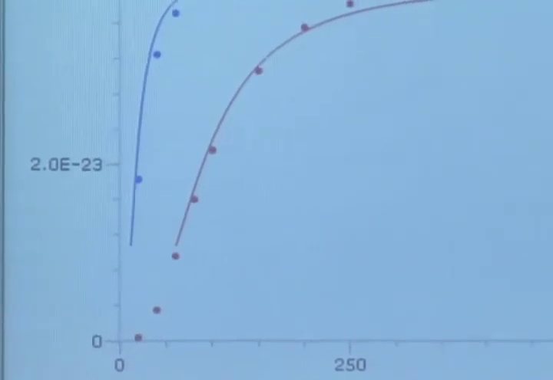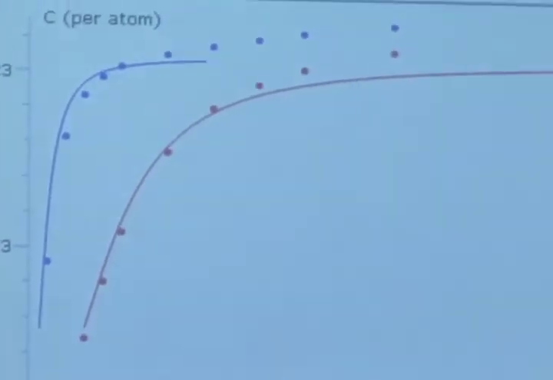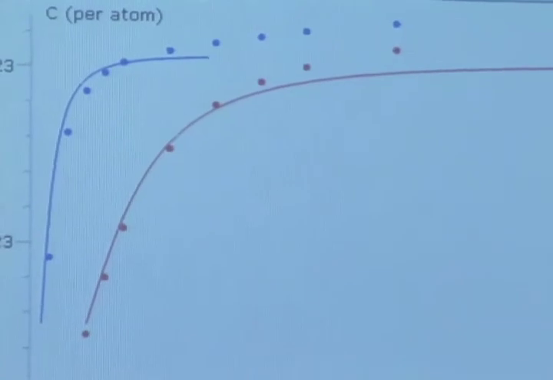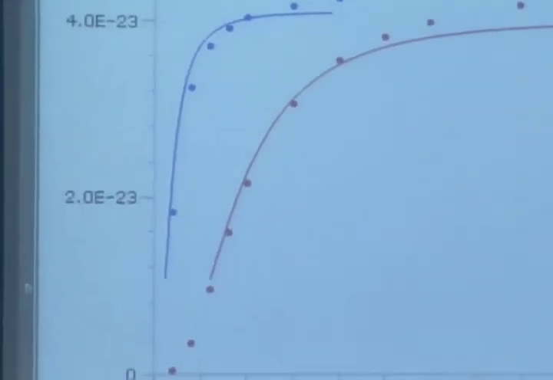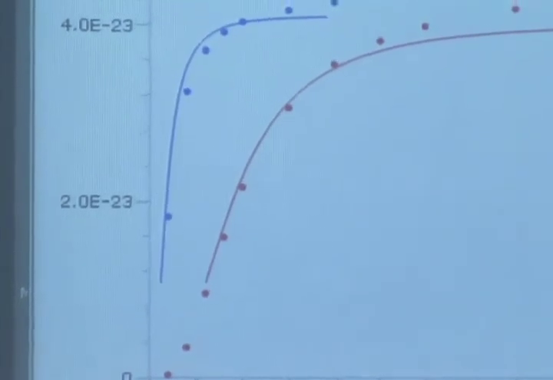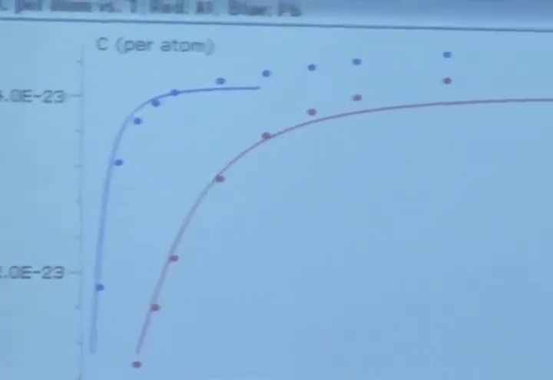our predicted curve actually predicts not only that the specific heat capacity will rise with temperature, but it actually goes through the data. Now, where does it level off? It levels off at 3k per atom.